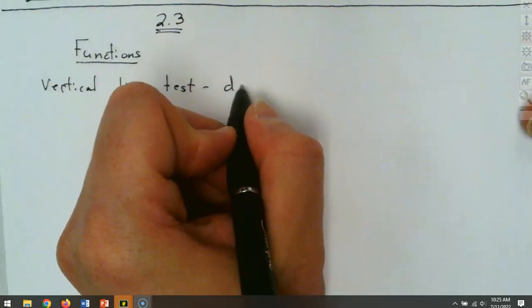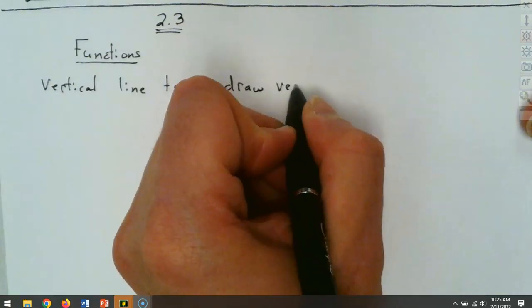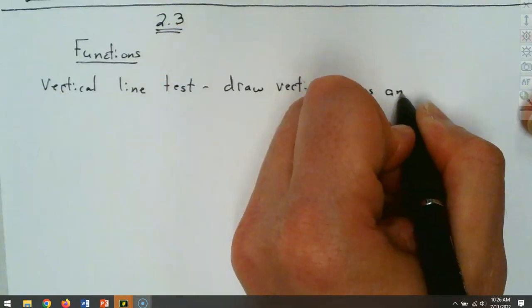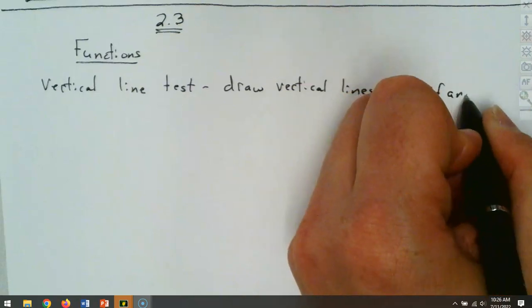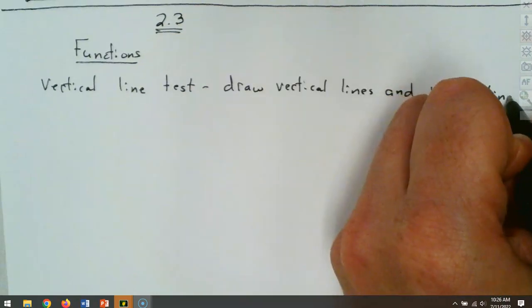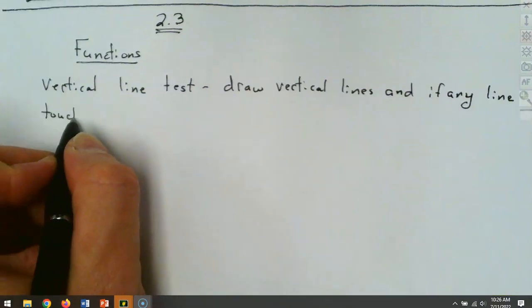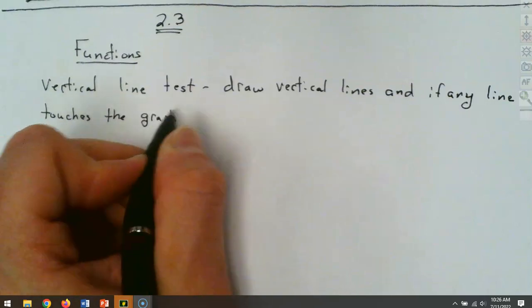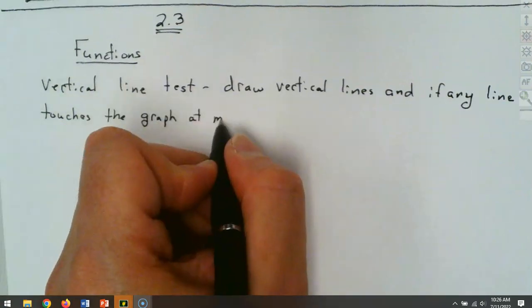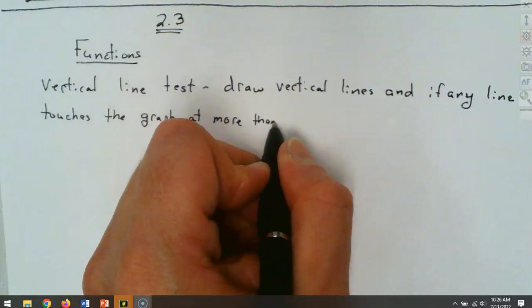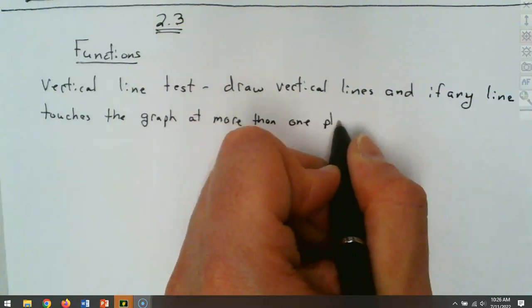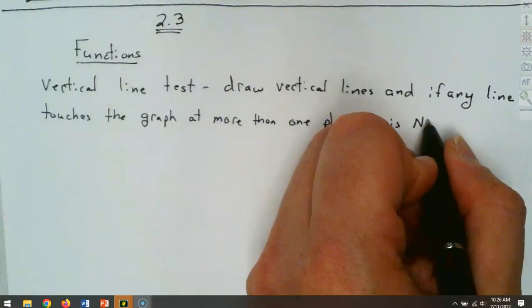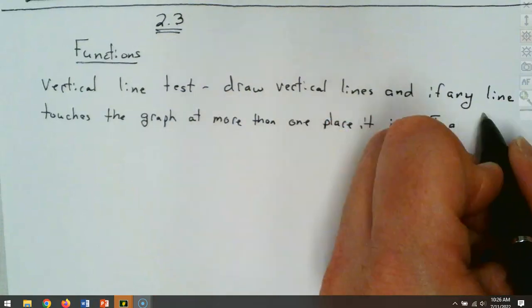And what we do is we draw vertical lines. And if any line touches the graph at more than one place, it is not a function.